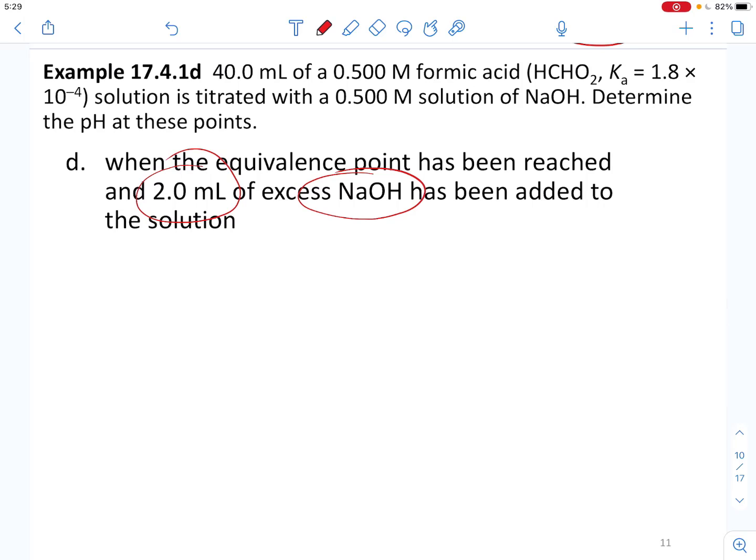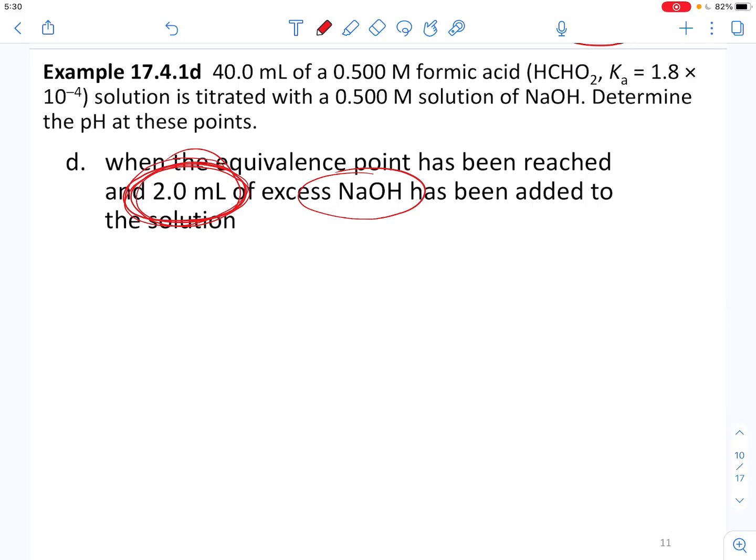You only have the conjugate base, and if you continue adding base like sodium hydroxide, there is nothing that the buffer can do to avoid the change in pH. So the sodium hydroxide will overpower the conjugate base and will be controlling the pH. So pretty much the pH will be whatever hydroxide ions come in these 2 milliliters of sodium hydroxide.